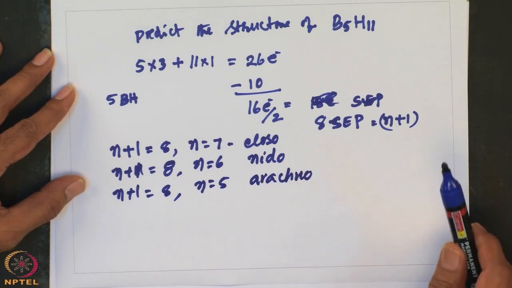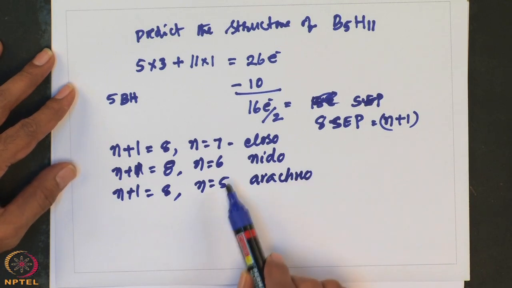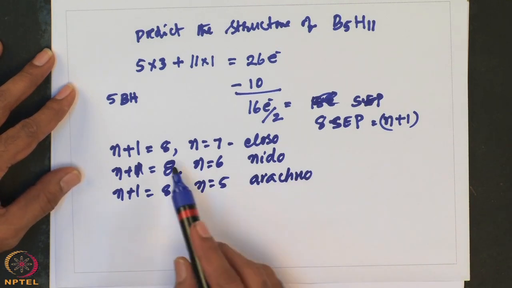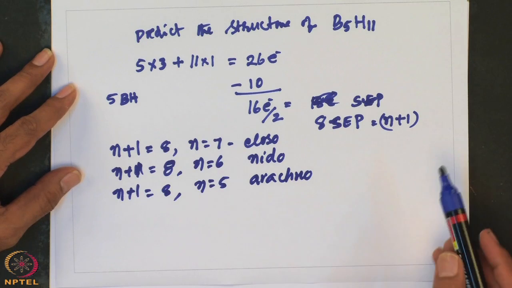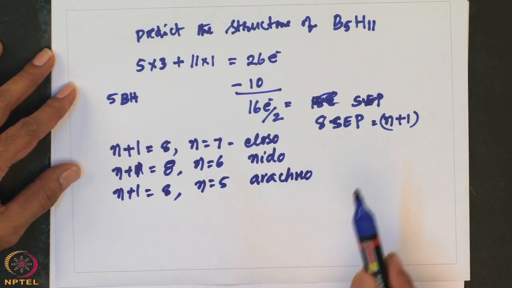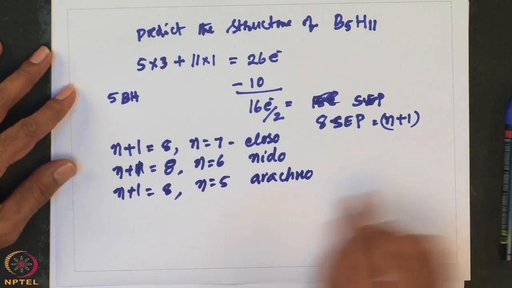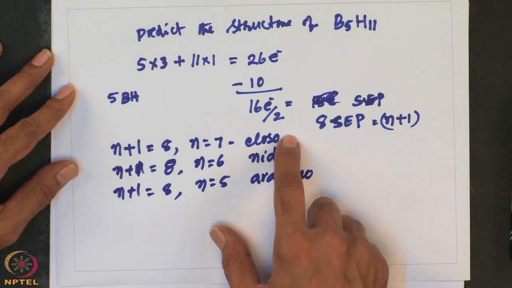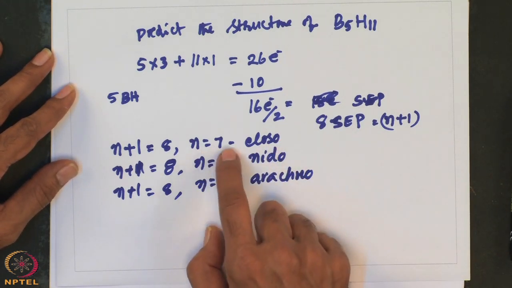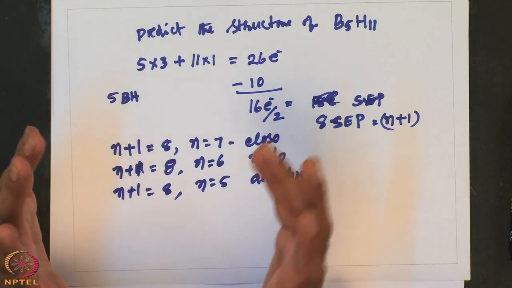So, now we have only 5 boron atoms, that means essentially n minus 2 boron atoms are there. As a result, this is an arachno structure. So, arachno structure should be derived from the closo. Closo means here vertices should be 7. For 7 vertices, the polyhedron we can consider is pentagonal bipyramidal.